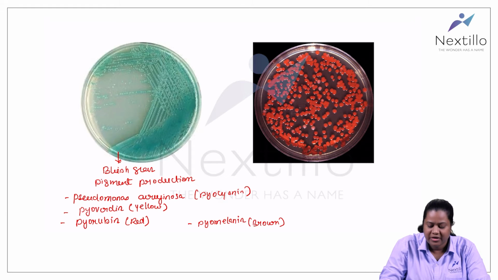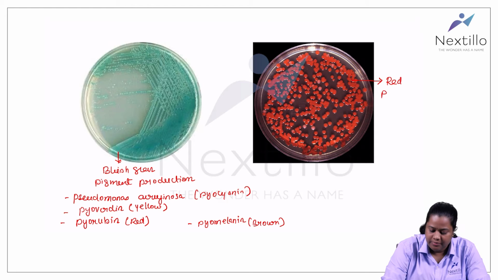Okay, so you have another picture here. What is this? Again, there is a nutrient agar. On the nutrient agar, you can see the red colored colonies. Again, this is the red pigment produced by some organism. What is it? Can you guess it? This pigment is called prodigiosin.